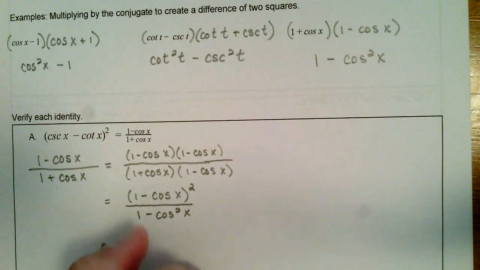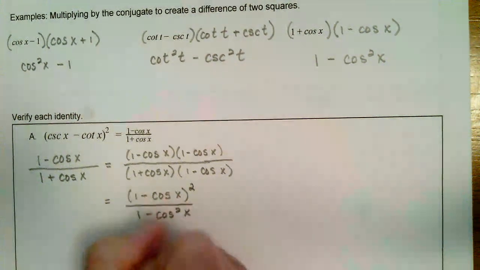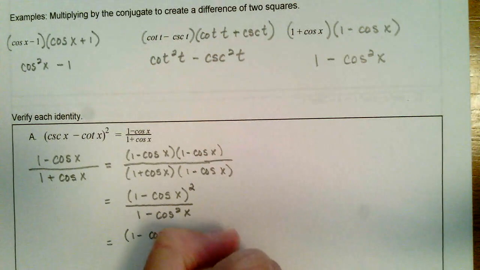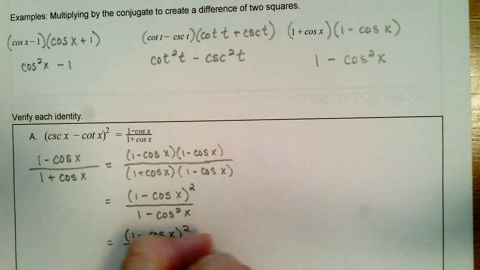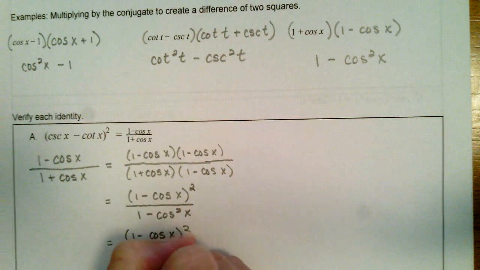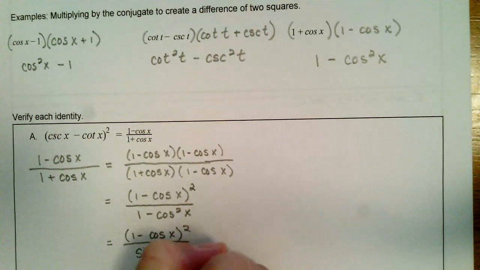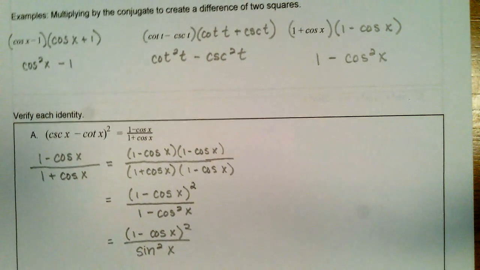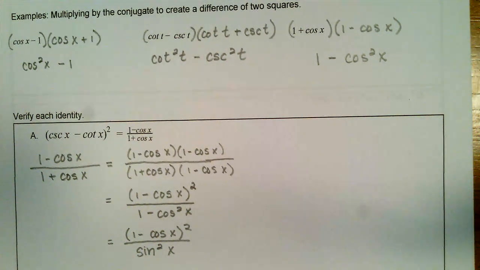So now I'm trying to simplify a little more. So now I have 1 minus cosine of x squared over the sine squared of x. So I feel like I'm in a kind of a tough spot because I have this expression and it doesn't look like this. Do not get disheartened if this happens.